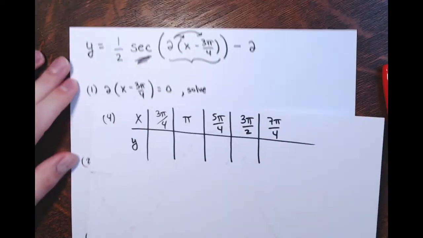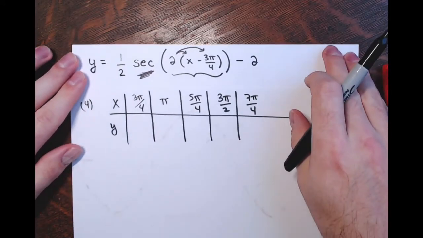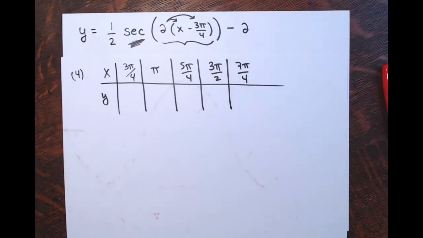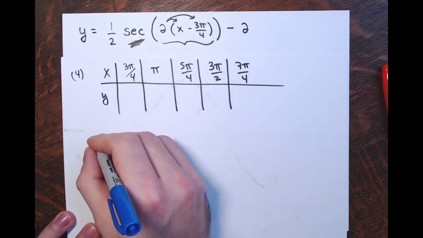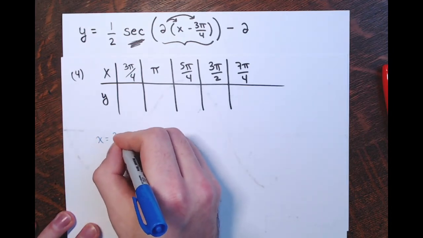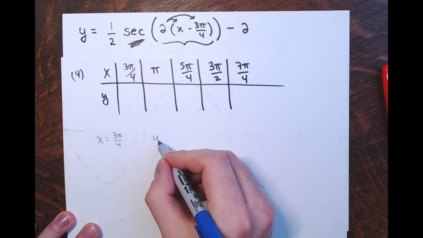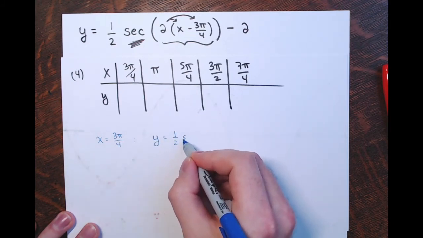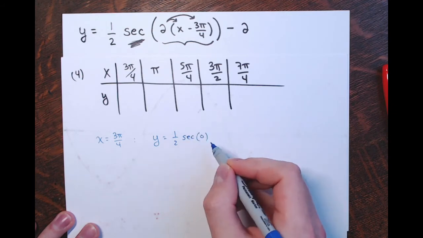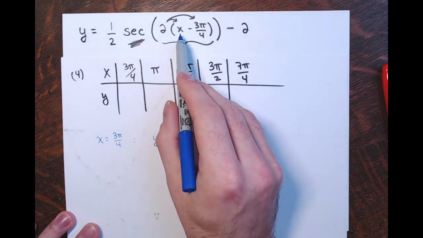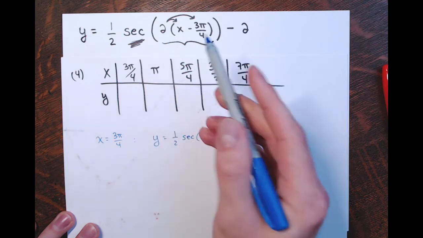Then I plug these into my function. Now again, this first example, I'll actually plug them in and show you what I'm getting. So if I plug in 3 pi over 4, that would be y equals half the secant of 0. If I plug in 3 pi over 4 for x, this becomes 0, and then 2 times 0 is 0.